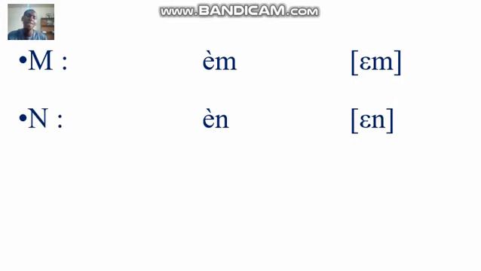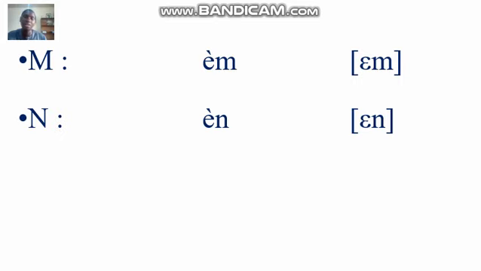The next alphabet is M. Your two lips close for M, because M is a bilabial sound. The next one is N. Your upper teeth are touching your tongue.